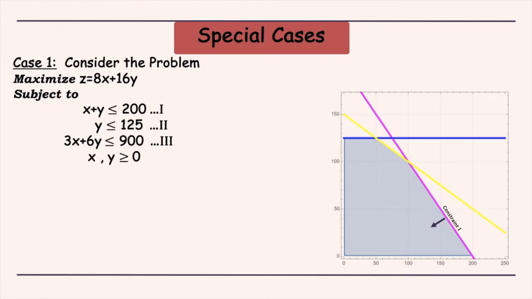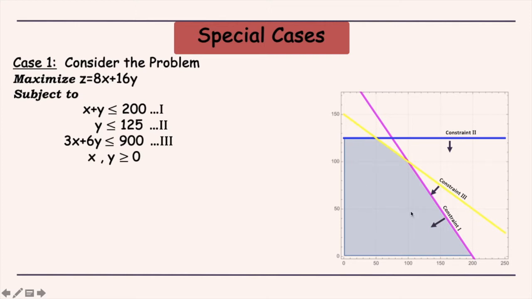Corresponding to the second constraint, the boundary line is given by this blue line and the feasible region is again towards the origin in the downward direction. Corresponding to the third constraint, the boundary line is given by this yellow line and the feasible region is towards the origin.